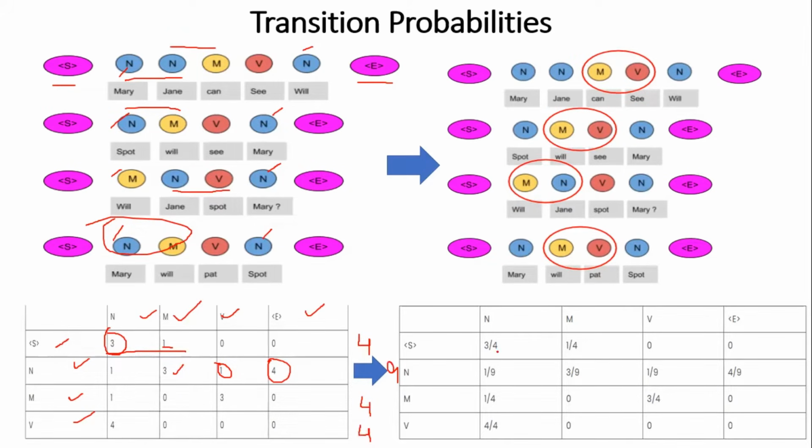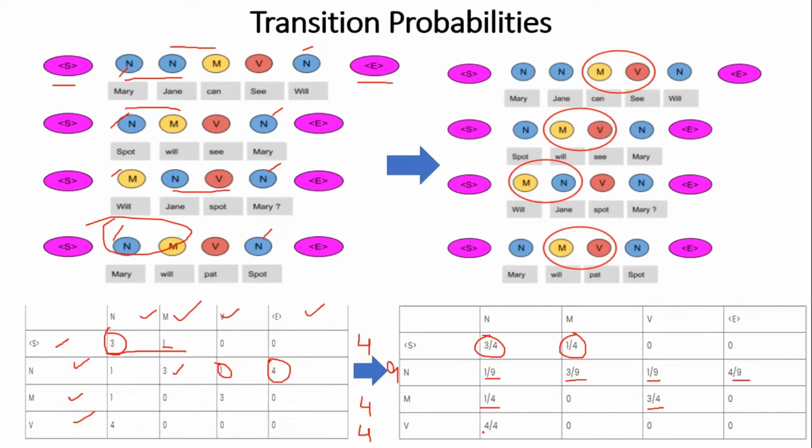From this you can derive this table. So here take the same table and instead of 3, you need to replace 3 with 3 by 4. Divide 3 by 4. Similarly, 1 by 4. And the second row total is 9, so divide every value in the second row by 9. And the third row gives you 4, so divide every value in the third row by 4.